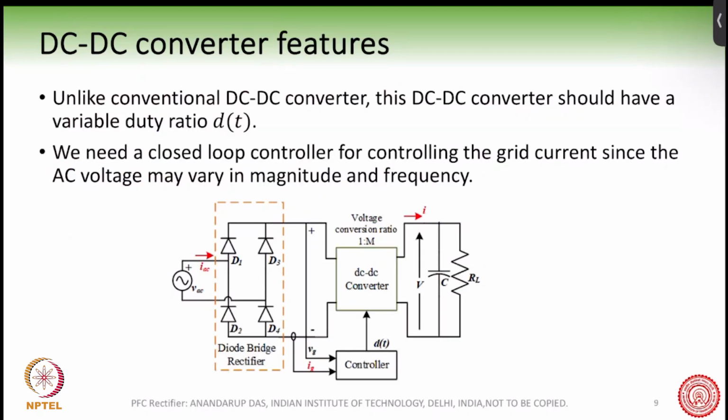Okay, now one thing that is important is that, unlike traditional DC-DC converters like the buck converter and boost converter, in a traditional DC-DC converter the input voltage and the output voltage are both DC.